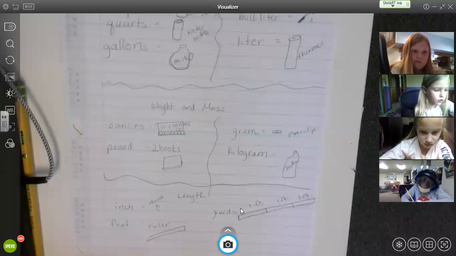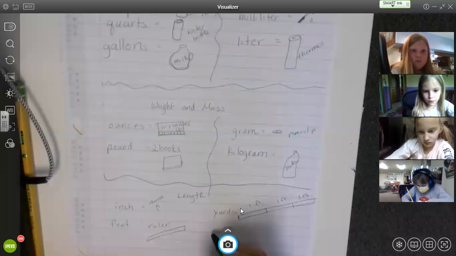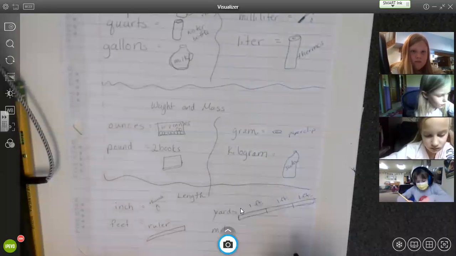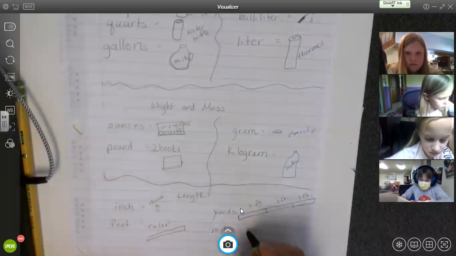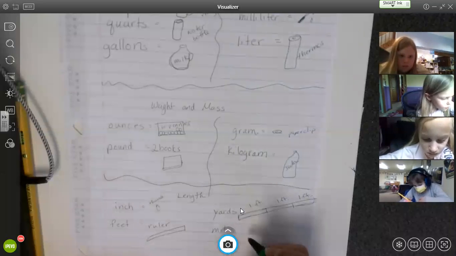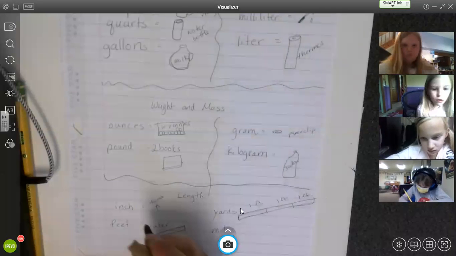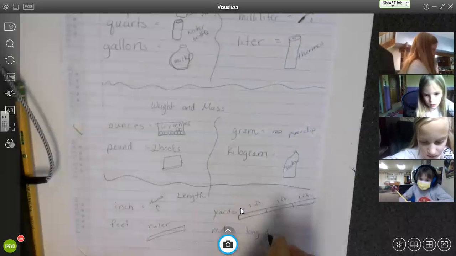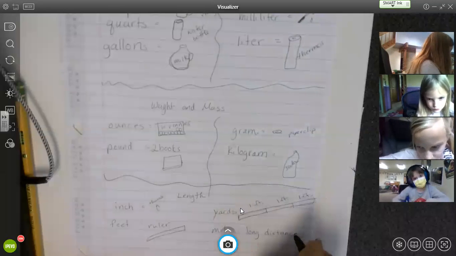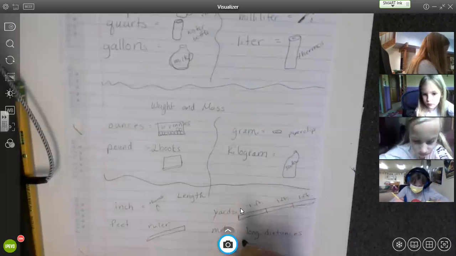Hello. And then if you were going to measure in miles, right, I'm going to ask you to mute until you're called on so we can hear, okay? Miles is going to be for long distances, right? Long distances that you might need a car. So I'm going to draw a car to help me remember that.